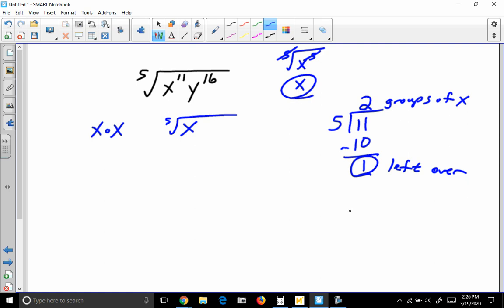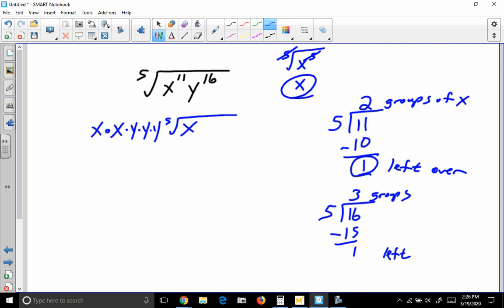And then we have 16 y's. If we want to know how many groups of 5 can we make, 5 goes into 16 3 times with 1 left over. So we're going to get 1 y for each of those 3 groups.